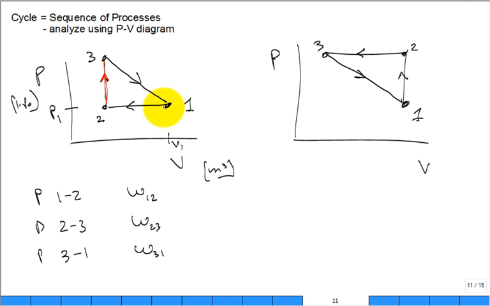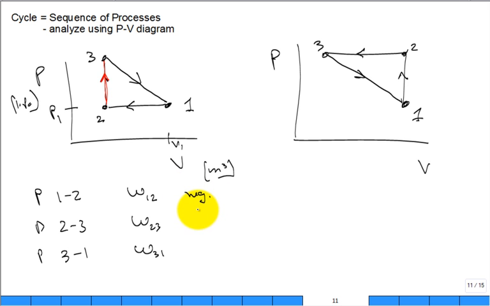Let's take a look at work 1 to 2. Can you tell me if work 1 to 2 is positive or negative? For 1 to 2, it's negative. In our sign convention, it's negative because you're compressing the system. It's squeezing the system. So this is going to be negative.